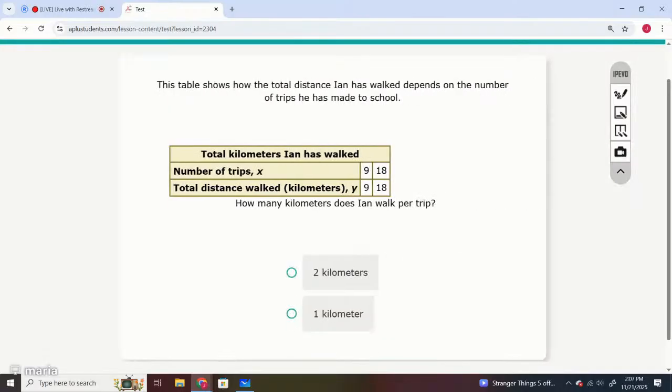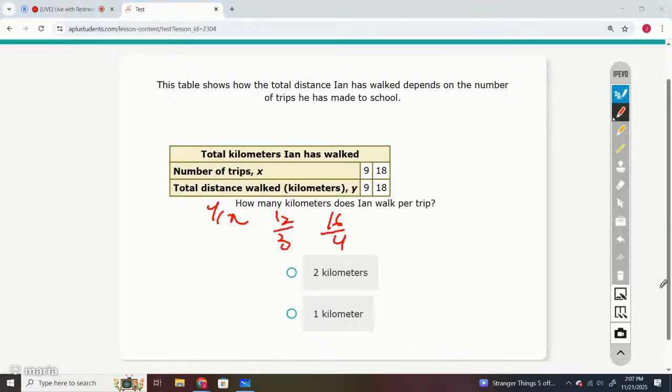This table shows how the total distance Anne has walked depends on the number of trips she has made to school. So you need to calculate how many kilometers Anne walks per trip. So you need to calculate y by x, that is 9 by 9 and 18 by 18.